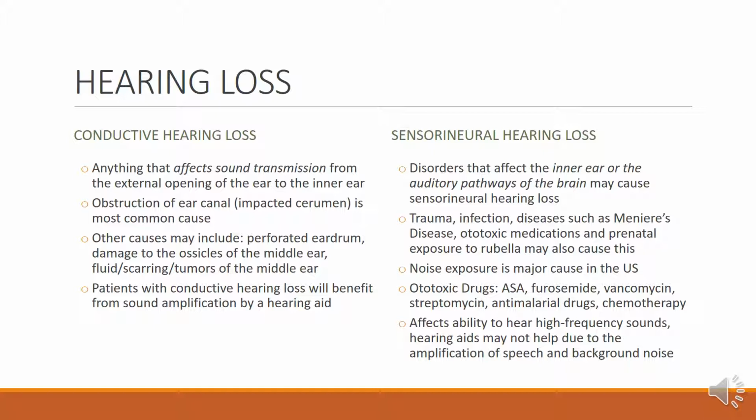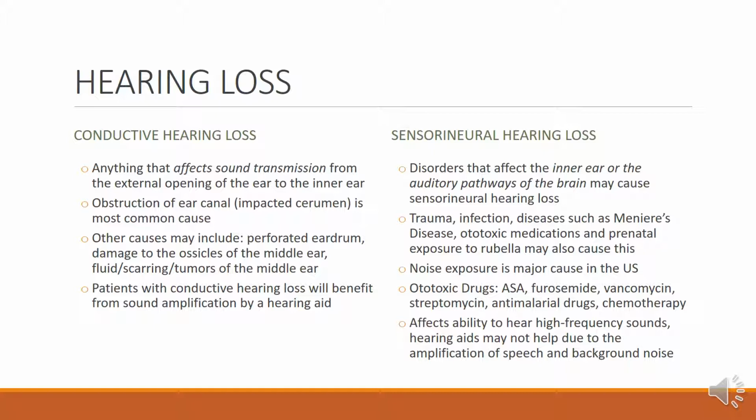Whereas if you look at sensorineural hearing loss, these are disorders that affect the inner ear or the auditory pathways of the brain. So these are causes of sensorineural hearing loss: trauma, infection, diseases such as Meniere's disease, ototoxic medications, prenatal exposure to rubella. Noise exposure is the major cause in the United States.